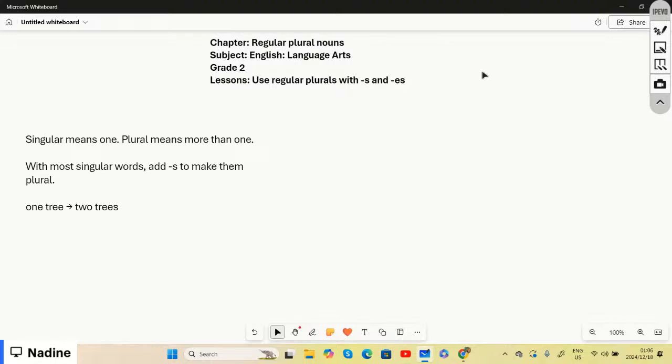All right. So when it comes to regular plural nouns, I always say we need to break up the words in order to understand what it's really about. Because once you break up the words and you understand word by word what it's about, then you'll be able to know what the whole chapter is basically about. If we were to break up this word, which is regular plural nouns, a noun names a person, animal, place, or thing.